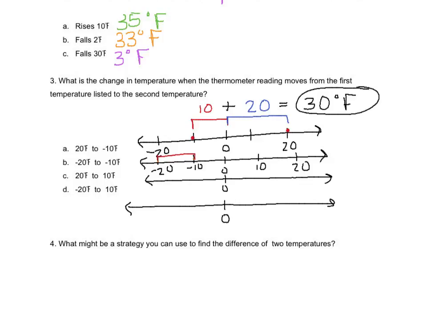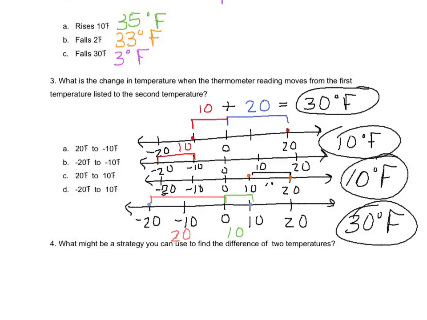So the amount of numbers between -20 and -10 happens to be 10. There's 10 numbers between those two. So that means that there is a change of 10 degrees Fahrenheit. All right, draw your number lines and add your numbers. See if you can get an answer for C and D. And once you do that, play back your video and see if you match what I have.